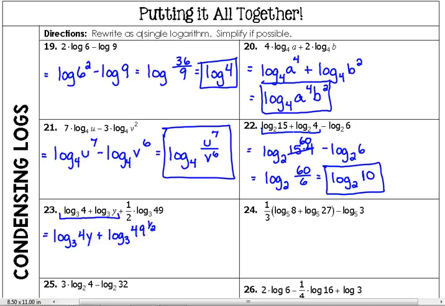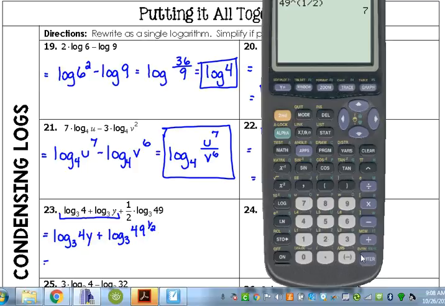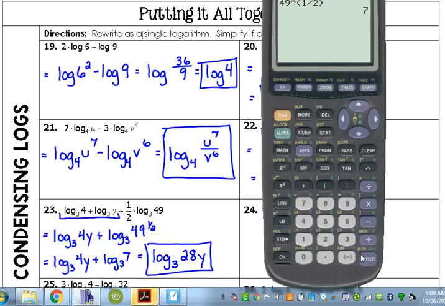What does an exponent of 1/2 mean? It's the square root, but if you don't remember that, you just put it in your calculator. 49 raised to the parentheses 1/2, and it's 7. So that's log base 3 of 4y plus log base 3 of 7. We're adding those 2 logs so we can multiply. 4y times 7 is 28y.